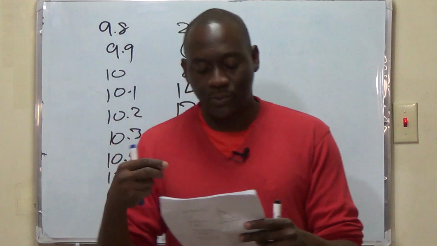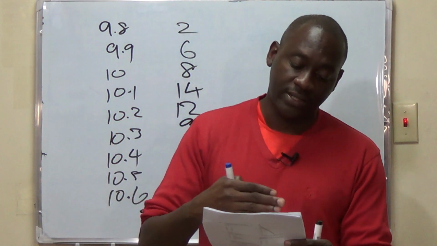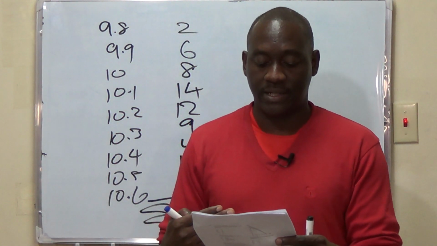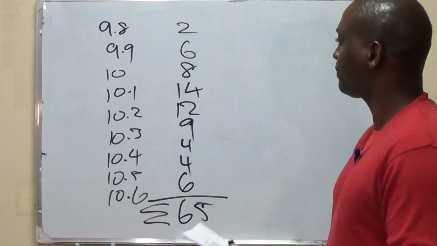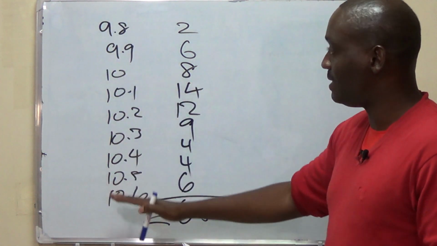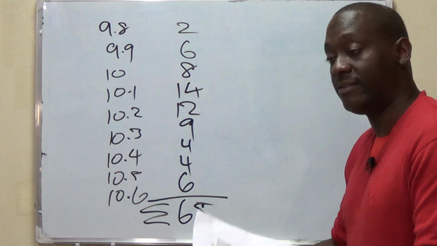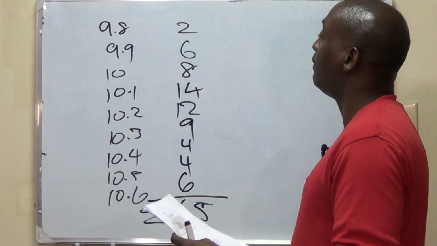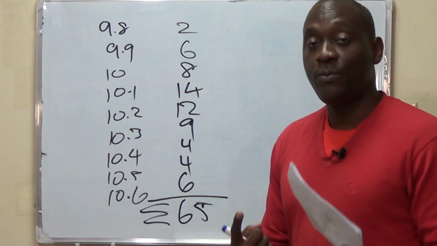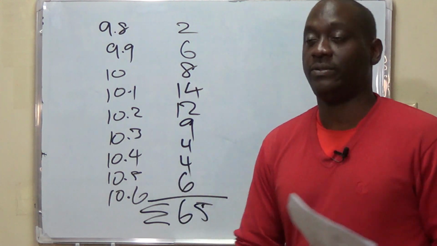So you're looking at each weight and you're going across to see what is the corresponding number. So for example, if we could put it in a table here just for the sake of illustration, so to speak.